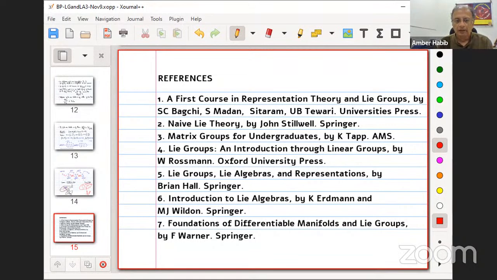Okay. This book by Rossmann, Lie Groups: An Introduction Through Linear Groups, is a much more comprehensive and higher level book. In Lie theory, there are some subtleties which may trouble one at first.